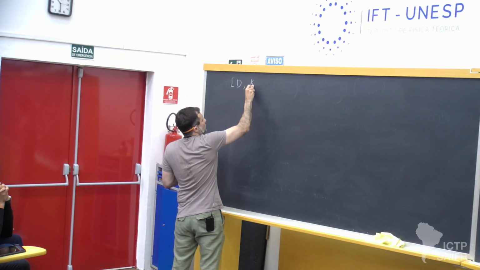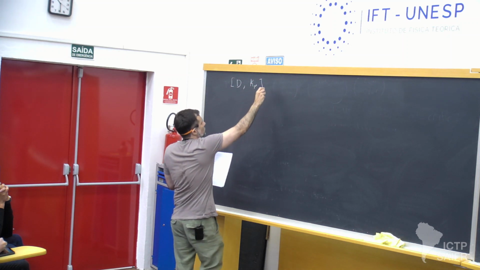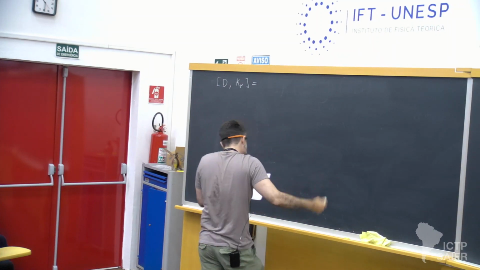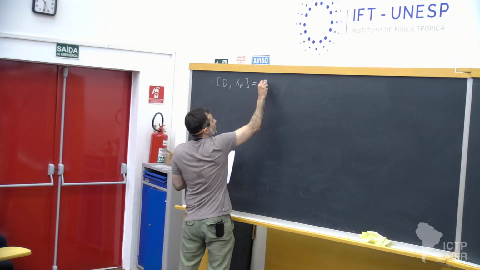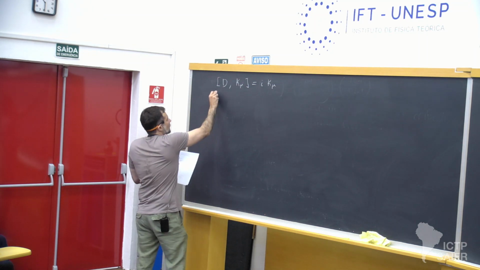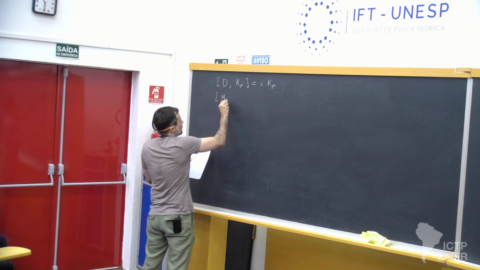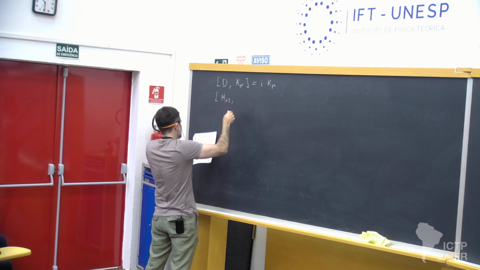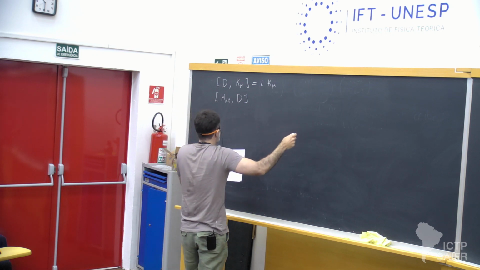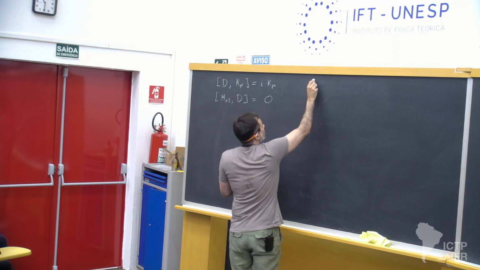And you can check that the commutator of the generator of dilatations with the generator of special conformal transformations will give you i K mu. The commutator of the Lorentz group generators with D is going to give you 0.